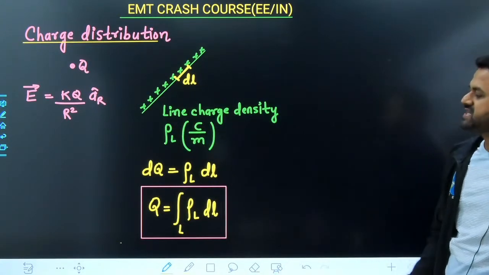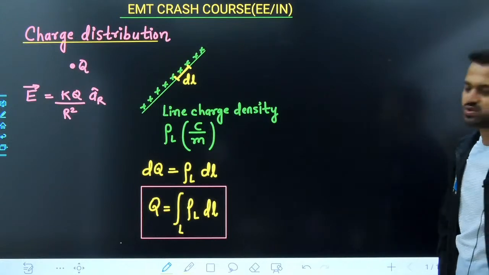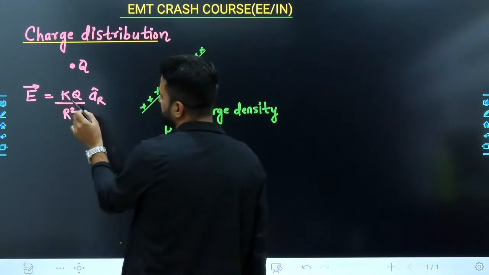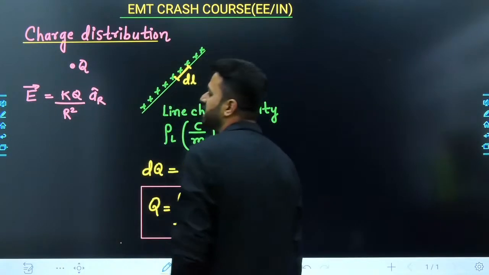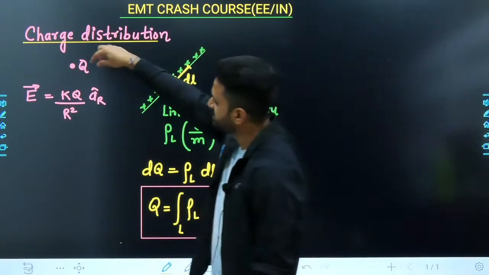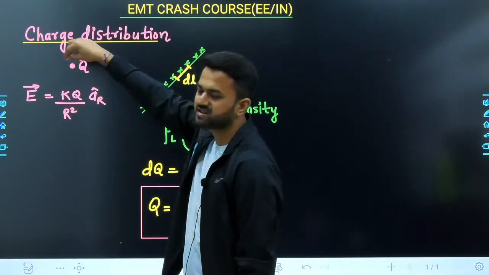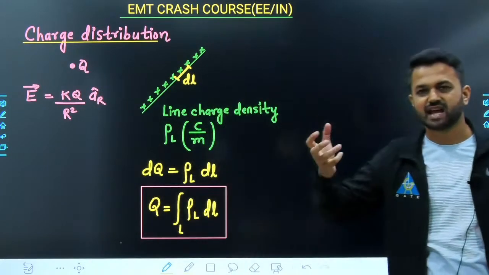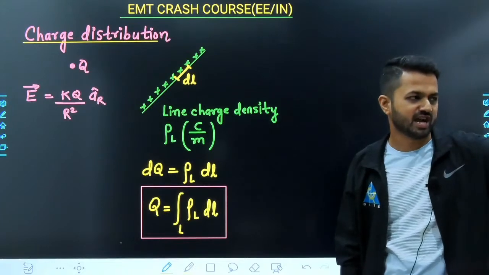Now what is the electric field for this? As we have written here, the electric field is KQ by R square into AR cap. Here Q is the total charge at that point, so whatever the charge is, the point charge is directly written there, because that is the total charge at that point.